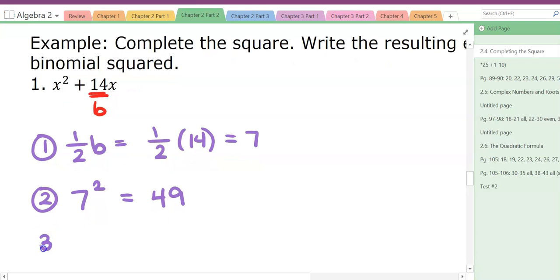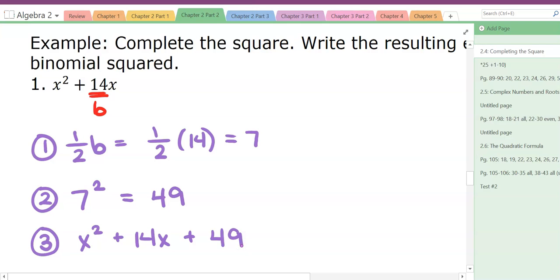Step 3 is to take the problem that they gave us, the x squared plus 14x, and attach what we got in step 2 to it. So we attach that 49 to the end, so it says plus 49.